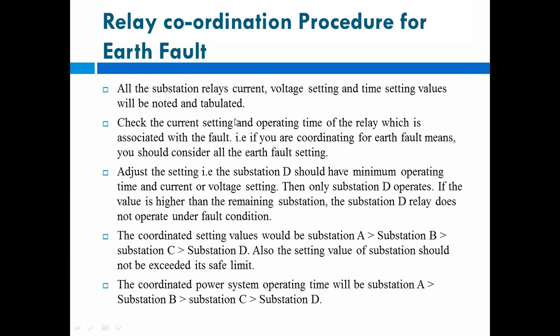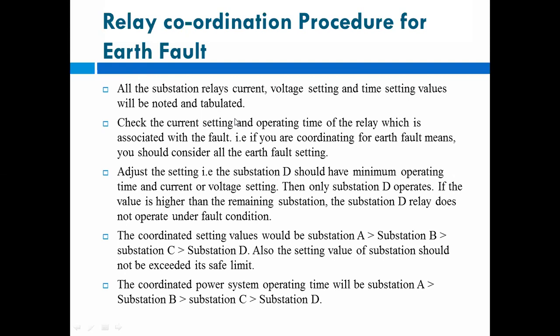Then check the current setting and operating time of the relay which is associated with the fault. So first we have to check the current setting and operating time of the relay. Now, current setting means what?